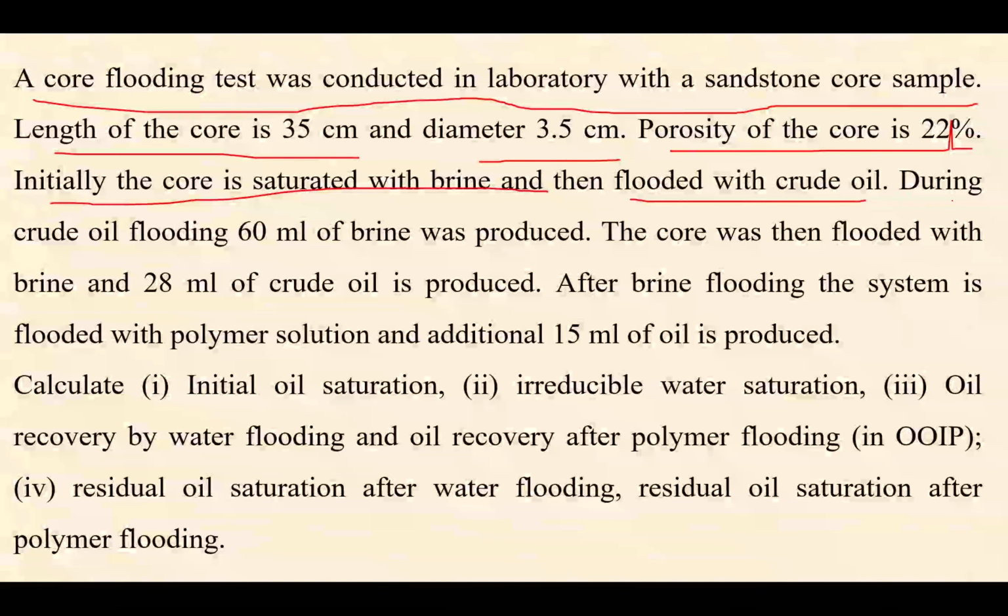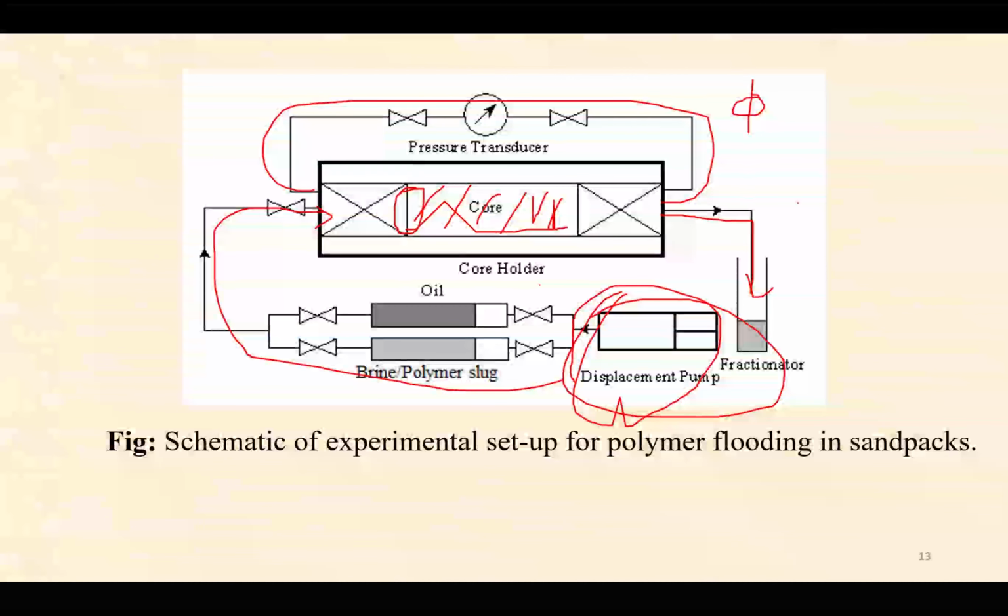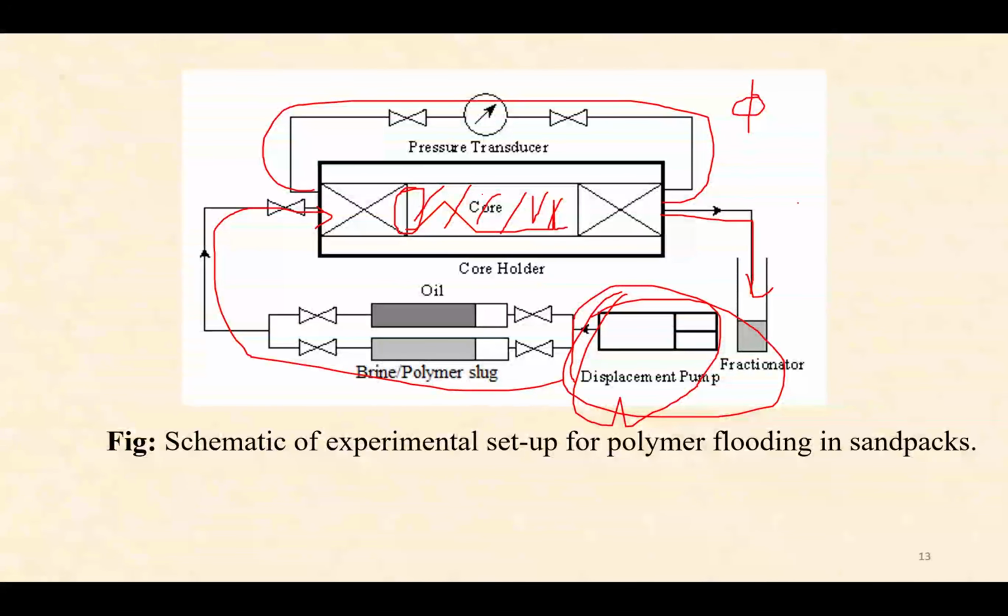Now, during the crude oil flooding, 60 ml of brine was produced. So during the experiment, it has been found that first it was saturated with the water, and now we are injecting the oil.